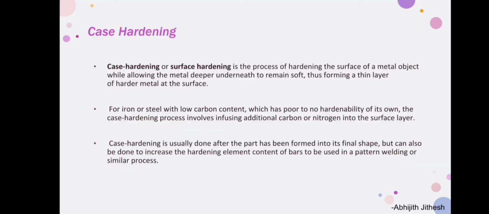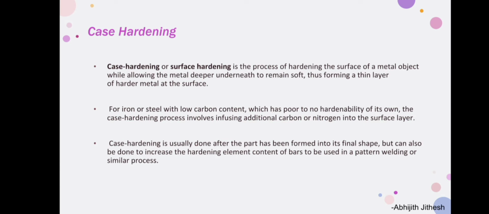Case hardening, also known as surface hardening, is the process of hardening a metal object's surface while leaving the metal deeper down soft, resulting in a thin layer of tougher metal at the surface. The case hardening method includes injecting extra carbon or nitrogen into the surface layer of iron or steel with low carbon content, which has poor to no hardenability on its own.